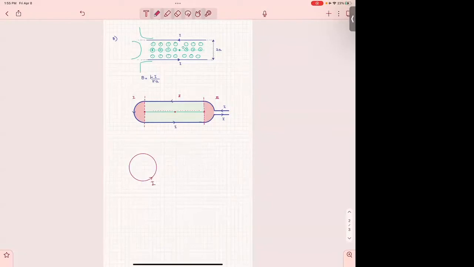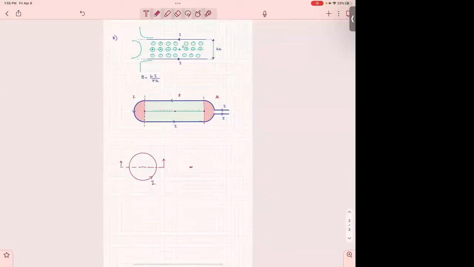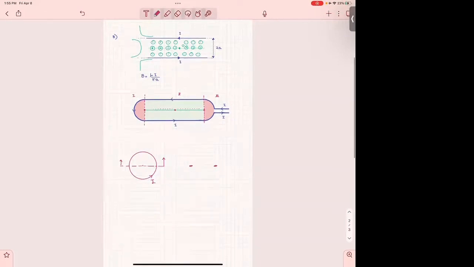And if you take a cross section of the loop like this, then I see this line here, the cross section of the loop, I see the two lines. The current flows like this in one line, and like this in the other line. So it goes into the board here, out of the board here.